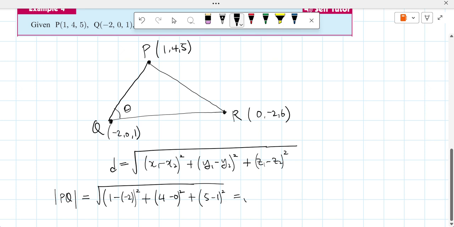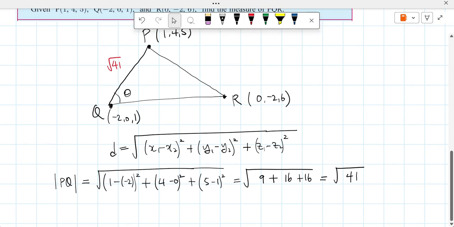And that's going to be the square root of 1 minus negative 2 is 3, 3 squared is 9. 4 minus 0 is 4, so 16. And then 5 minus 1 is 4, so plus 16, which is going to be the square root of 9 plus 32, square root of 41. So apparently the length of the line segment PQ is square root of 41.